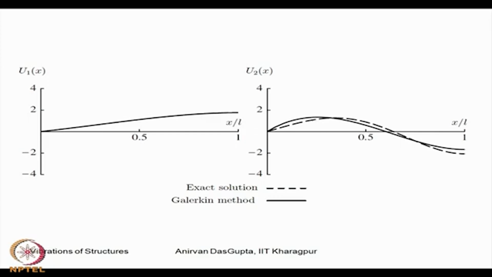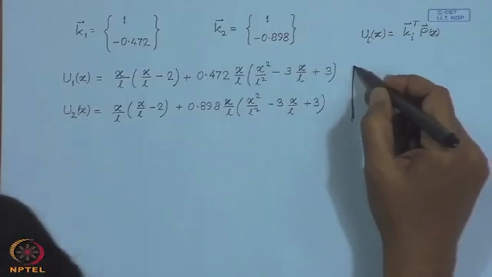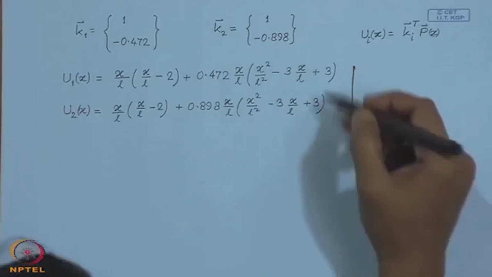For the eigenfunction of the second mode, this is fairly close, and you can see now that the boundary condition at the right end, the free end, is also matching, though the location of the node is in slight error. So, in these plots we have compared these two eigenfunctions obtained from the Galerkin method with the exact solution.